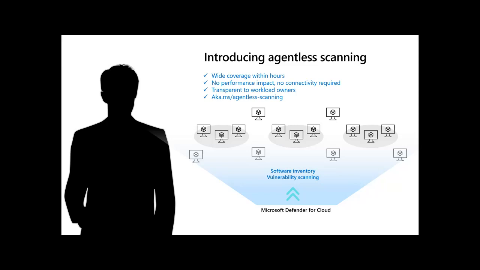By VMs, we mean right now we cover Azure VMs and also your AWS EC2 instances. With agentless scanning for VMs and EC2 instances, powered by Microsoft Defender Vulnerability Management, you get wide visibility of installed software and software CVEs without the challenges of agent installation and maintenance, network connectivity requirements, and maybe you're thinking about performance impact on your workloads.